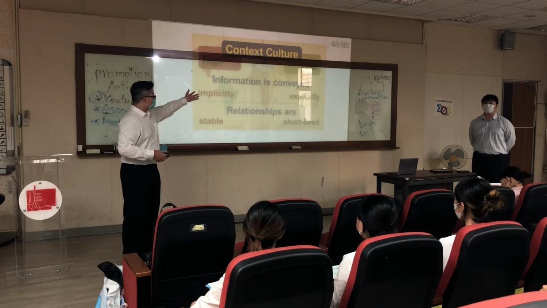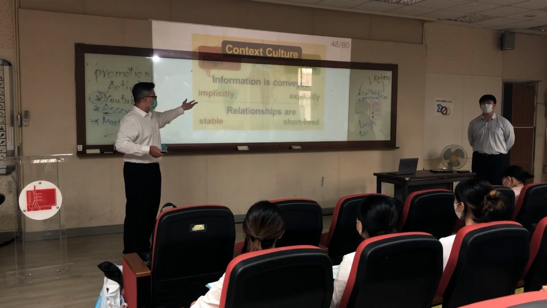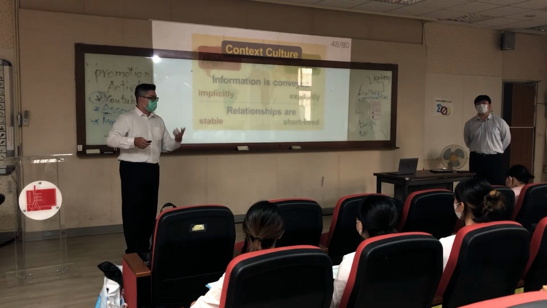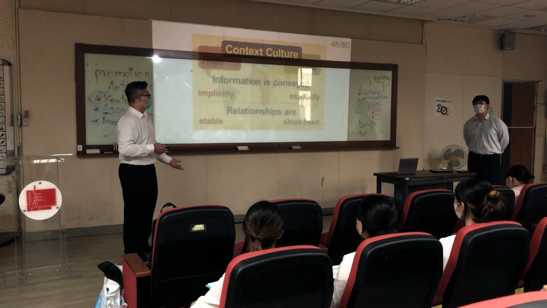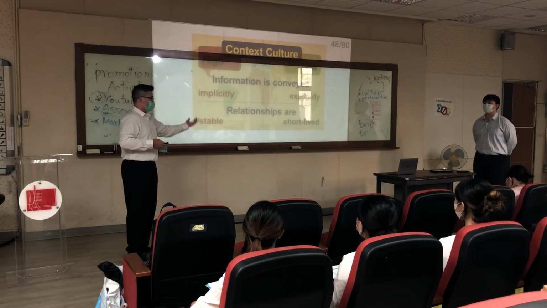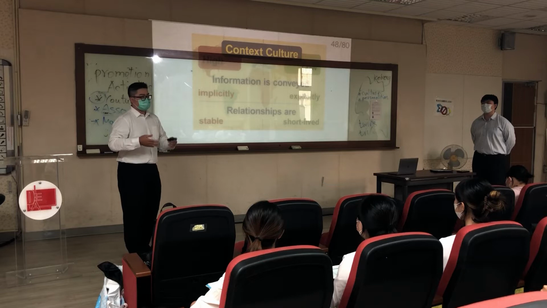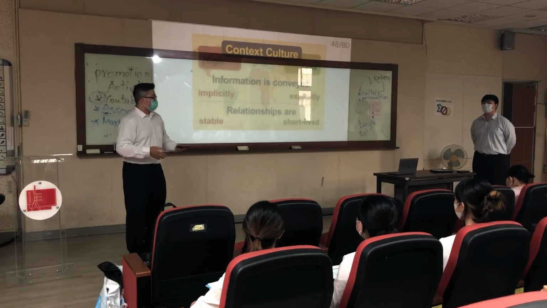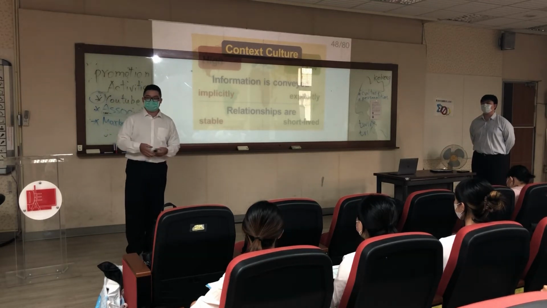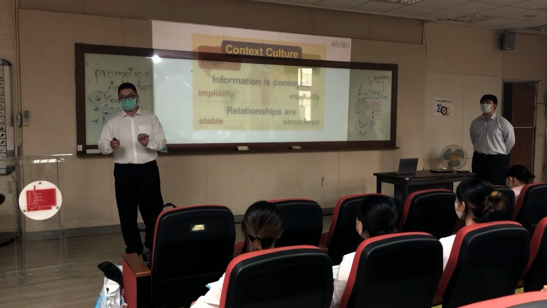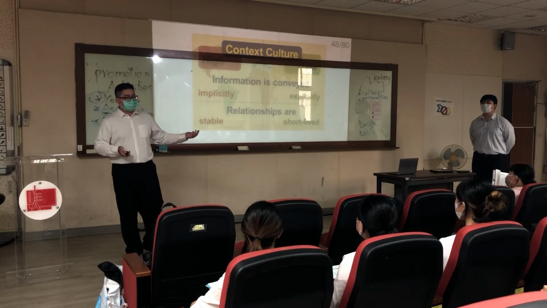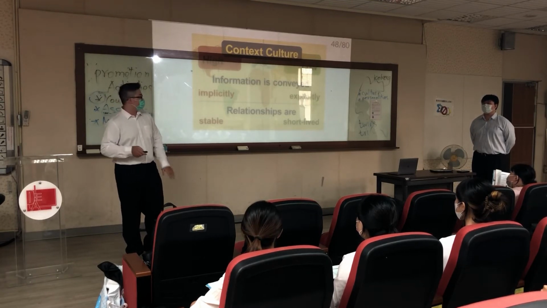And in the low context culture, information is conveyed explicitly, which means it's very clear, easy to understand. The relationships are short-lived. For example, you have a one-time mission, or you collaborate with some company for a very short project. It mostly happens in Western countries.